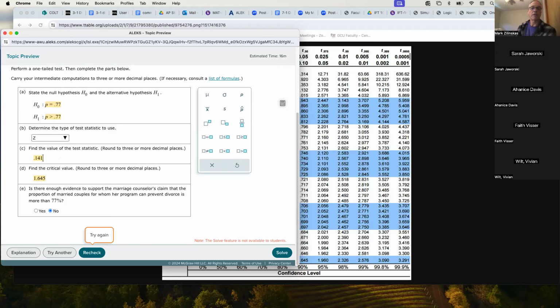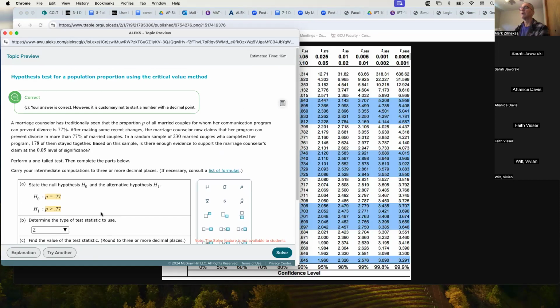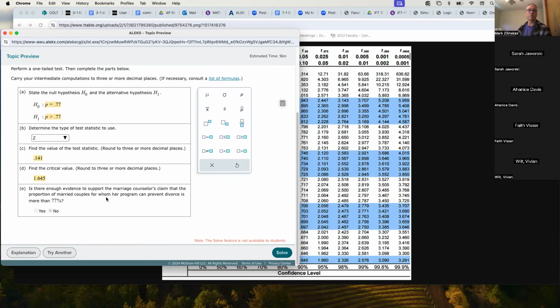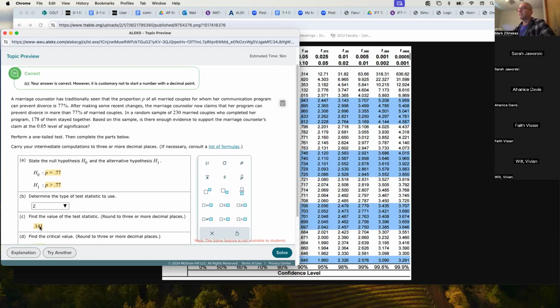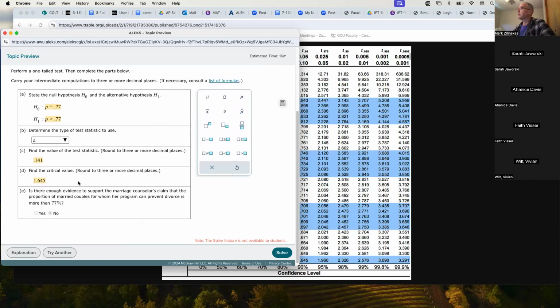I don't know where I got that number from. Okay, let me try that again. Okay, I must have been looking in the wrong box over there. I apologize for that. So anyway, our Z statistic is 1.141. And that kind of makes more sense. I should have realized that because 0.774 is really, really close to 0.77. Okay, so it's not that far from zero. So I should have picked up on that.